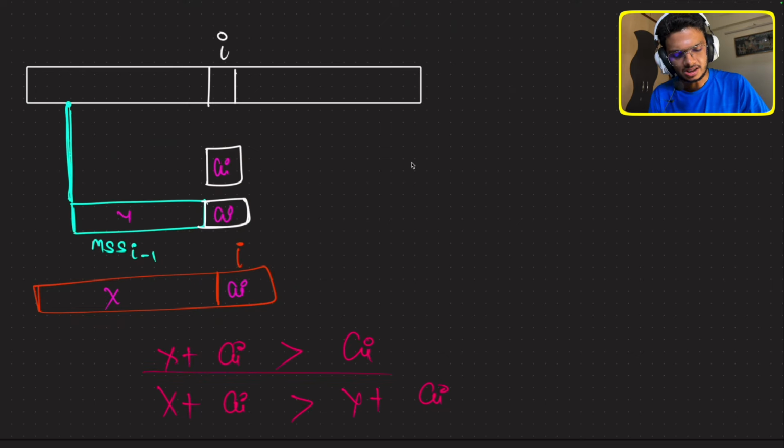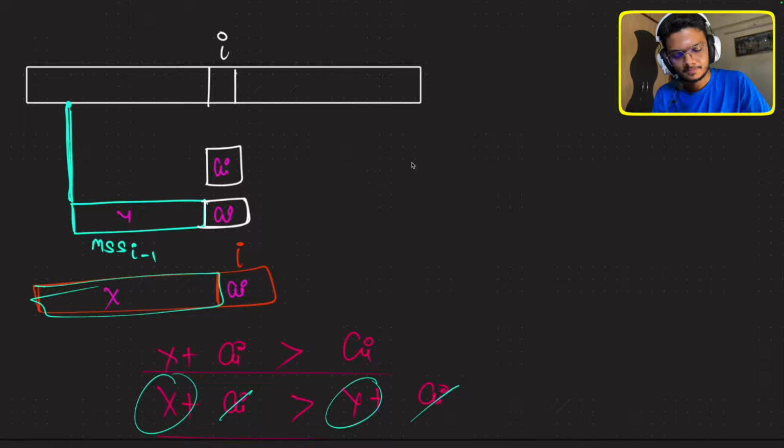This equation is fine. We don't have much to see here, but if you look at this equation, what it says is x plus ai greater than y plus ai. So if you cancel ai on both sides, you are saying x is greater than y. You are saying that this portion is actually greater than this portion.